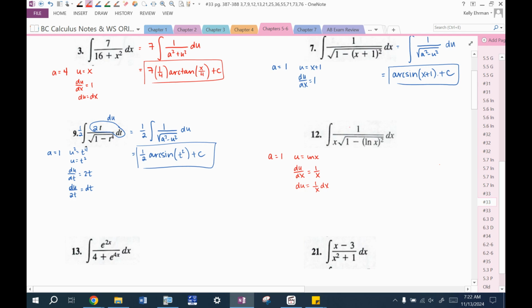So that's du. No extra adjustments to make. We have the integral of 1 over the square root of a squared minus u squared du. So that is arcsine of u over a, so natural log x, over 1, plus c.